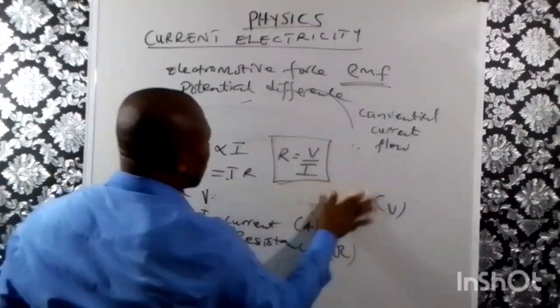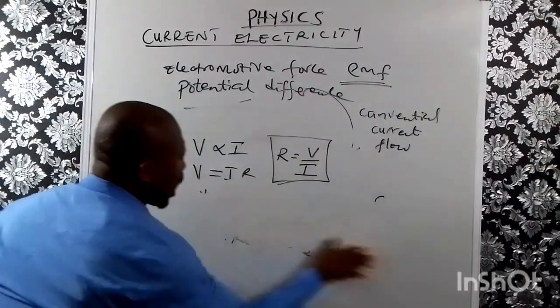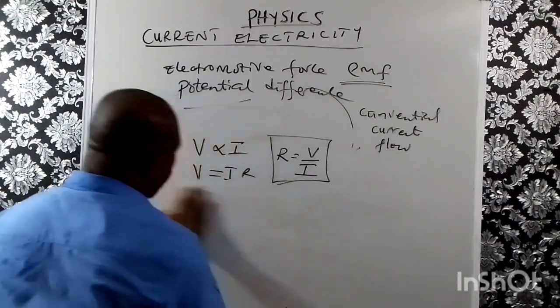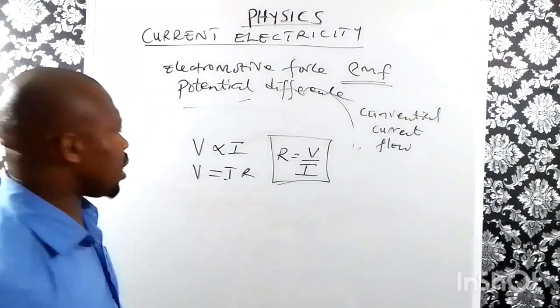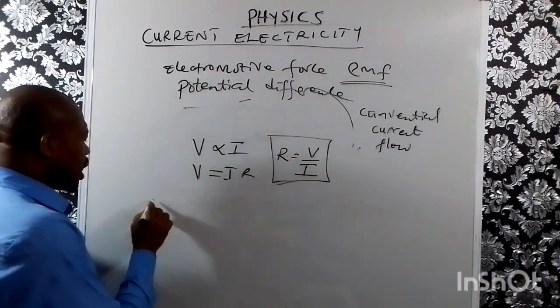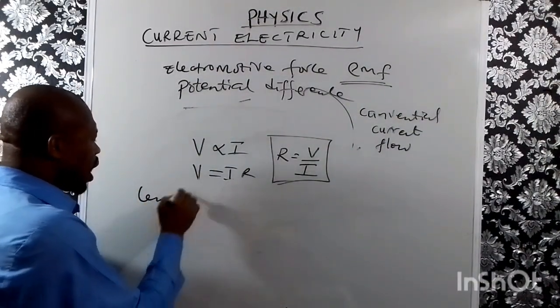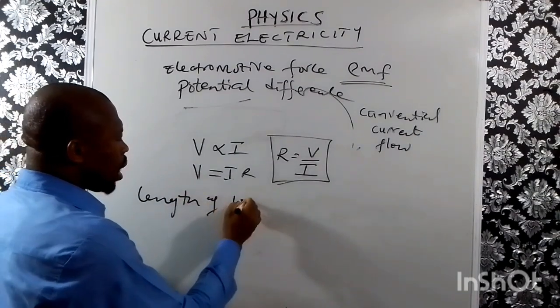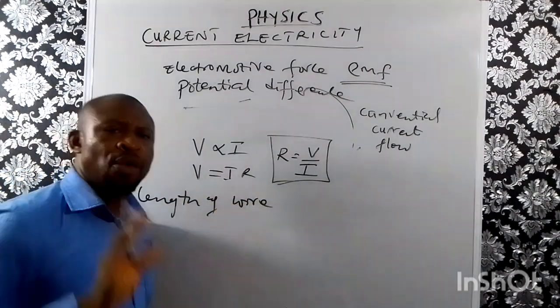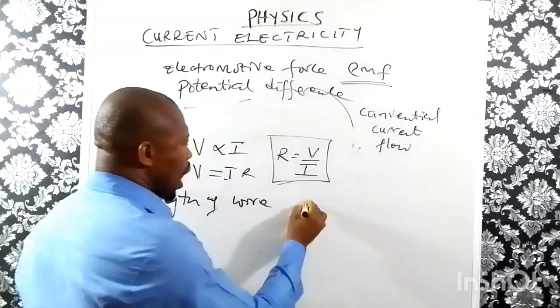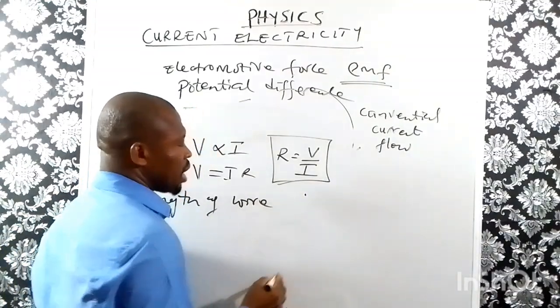Factors affecting the resistance of a wire include the following. One, the length of wire, L. How does it affect R?